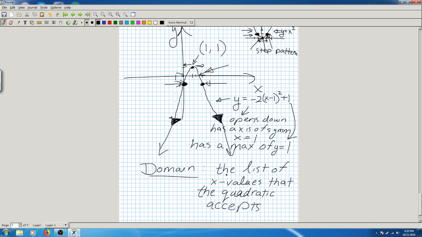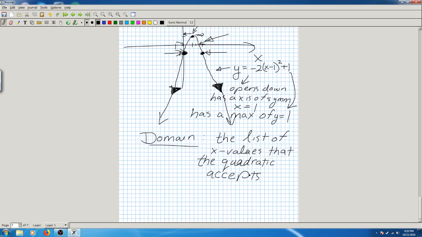Now, because any quadratic goes on forever, we say the domain is all real numbers, or all values of x. That's all it means.